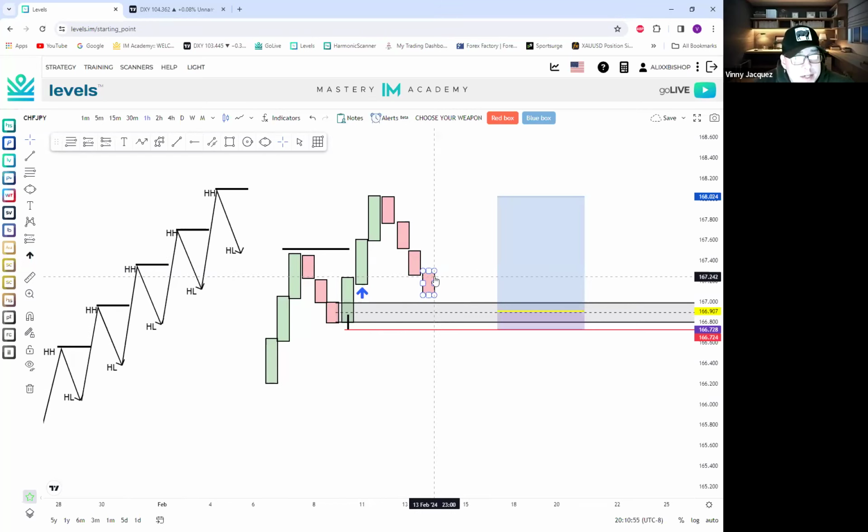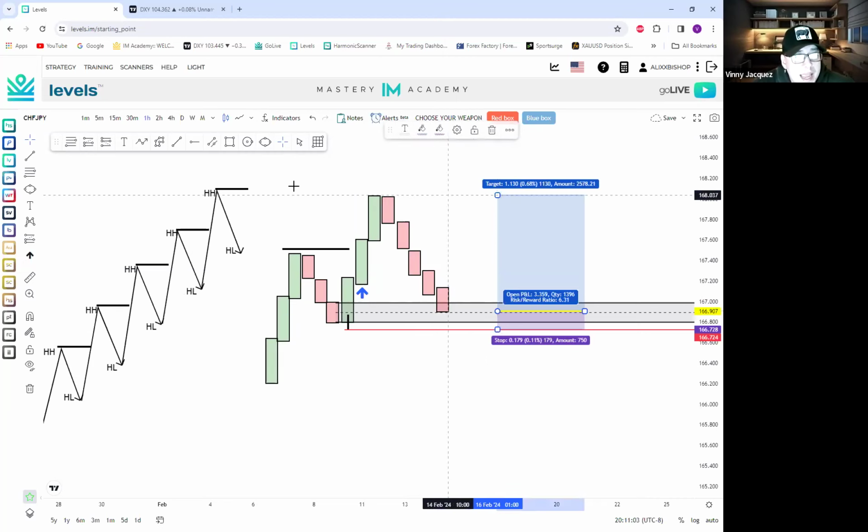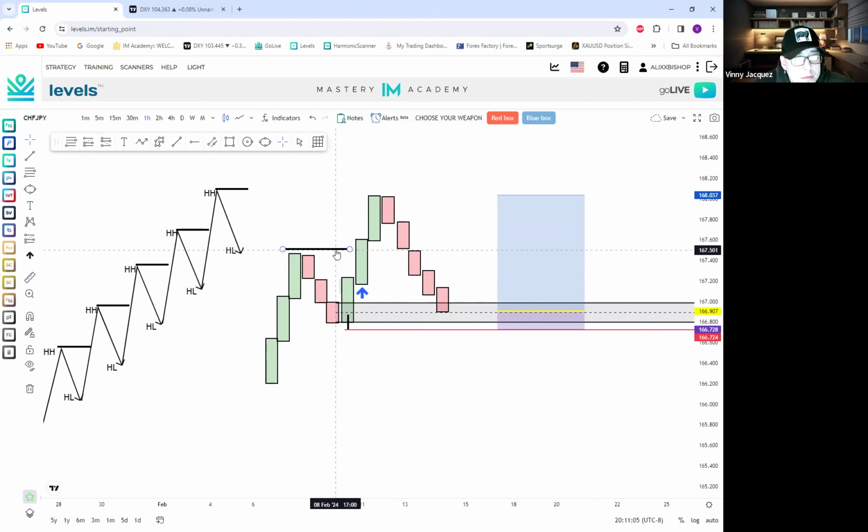So as the market enters my zone, we're already looking to buy, right? We're looking to take some buys. Now, we would like to take out this high right here. We would like to take that high out. Why? Well, if we're going to continue trend, it only makes sense for us to blow past the high and continue, right?